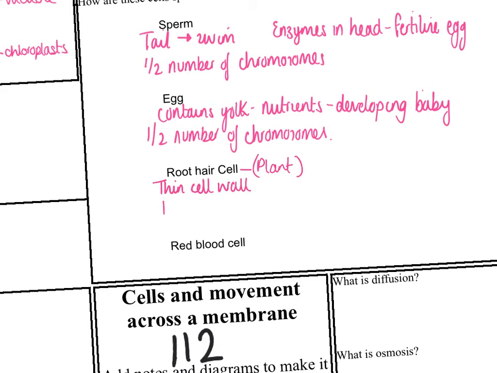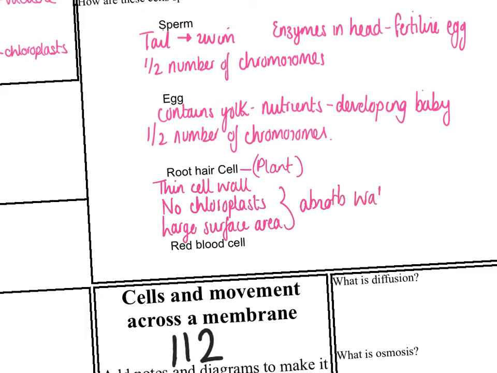It's going to have no chloroplasts. And the reason that is then, does it need it? There's no sunlight underground, so there's more space then, so it can absorb water. And it's going to have a large surface area. And again, large surface area, because it wants to absorb water, and as much water as possible for the plant.